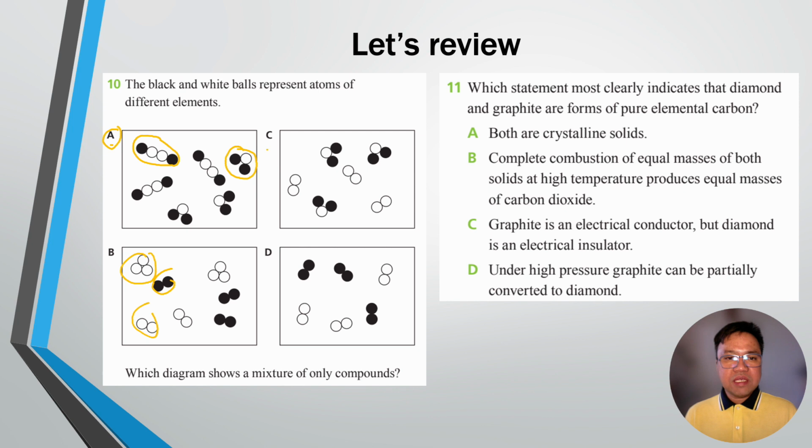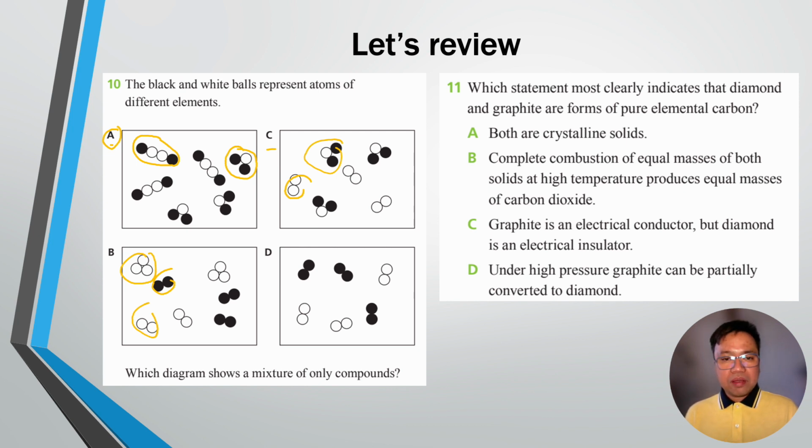For diagram C, it shows groups of two black balls with one white ball and groups of two white balls bonded together. This diagram includes both compounds, two blacks and one white, and an element, two whites together. So it is not a mixture of only compounds.